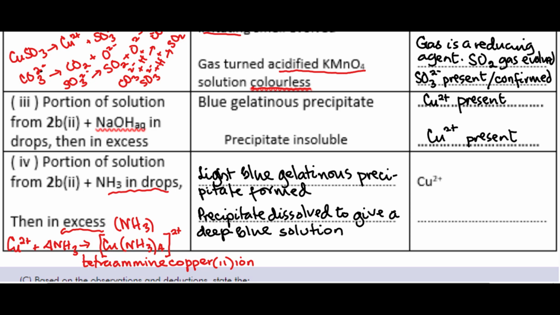And I told you that that deep blue solution is due to the formation of tetraamine copper 2 ion, and this is always the confirmatory test for copper 2 ion. So our inference here is Cu2 plus confirmed. Cu2 plus confirmed. So that is how the test goes. So from here now we already know the ions that are present. The positive ion is Cu2 plus and the negative ion is SO3 2 minus. So let's see what we have in the next question.